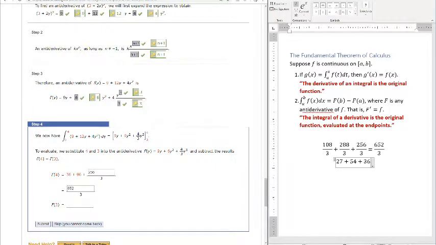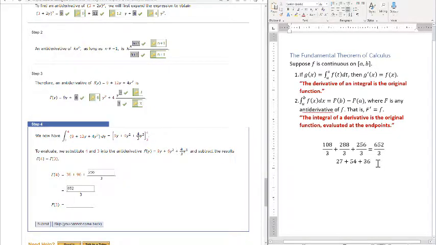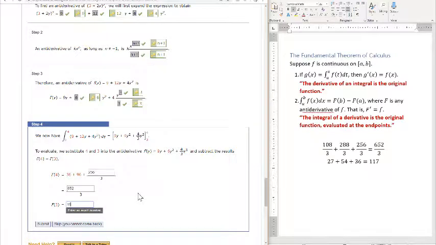And so now we simply add these 3 numbers, 36 plus 54 plus 27. I think this is going to be 117. So let's put 117 here.